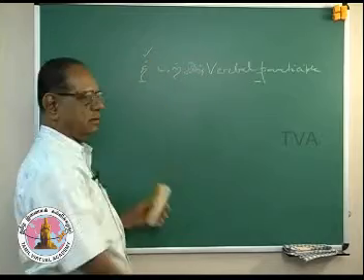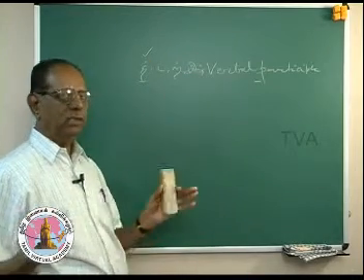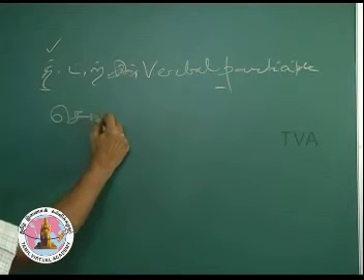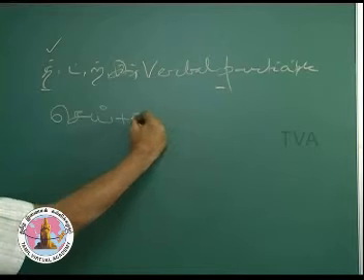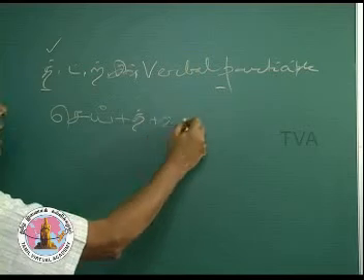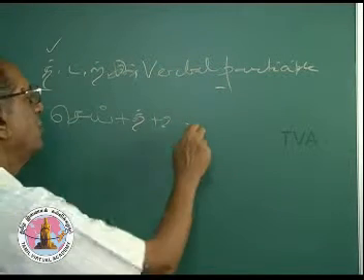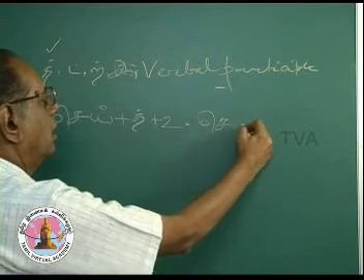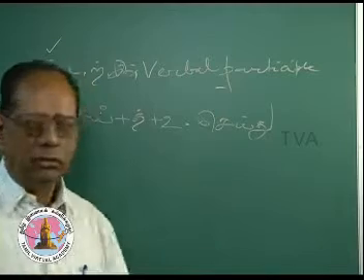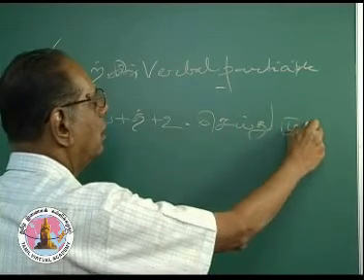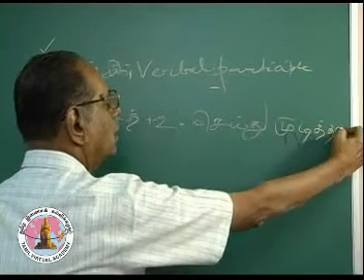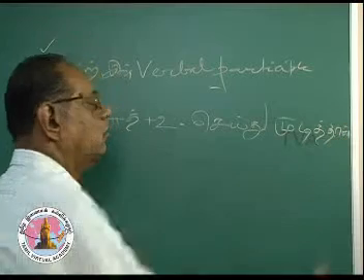When you take up this, it is added in two ways. Number one, it is accepted as it is, and then this suffix is added. It becomes செய்து, முடித்தான்.